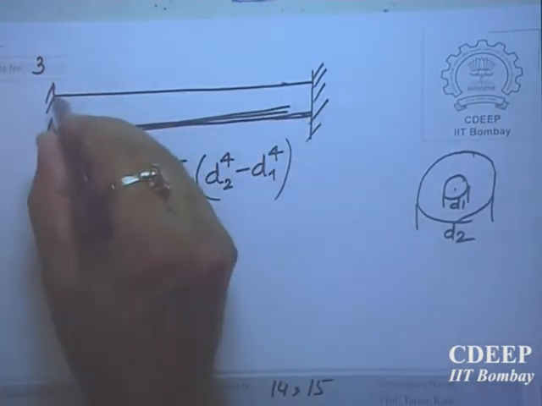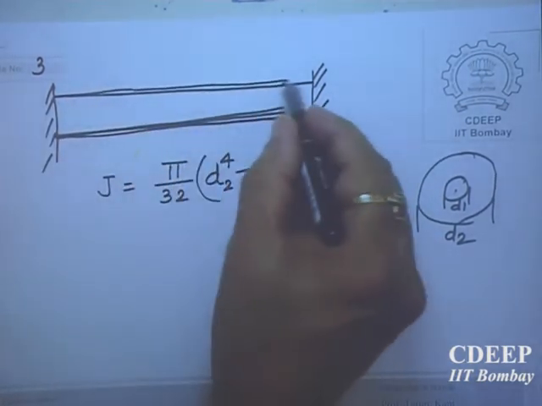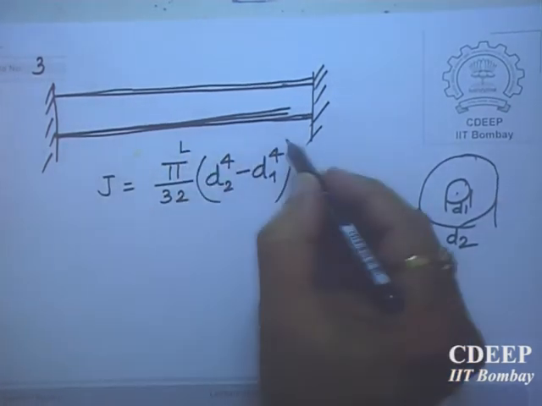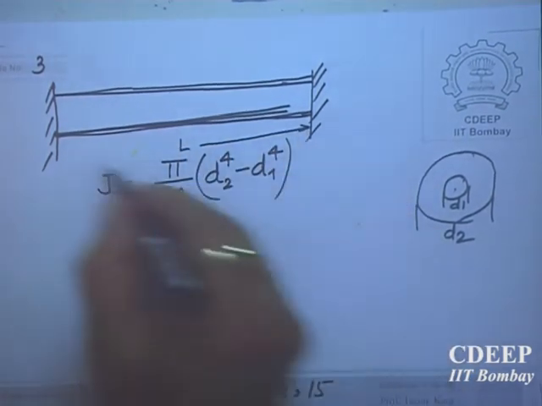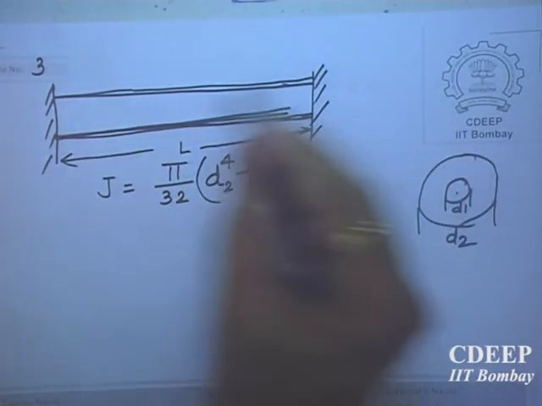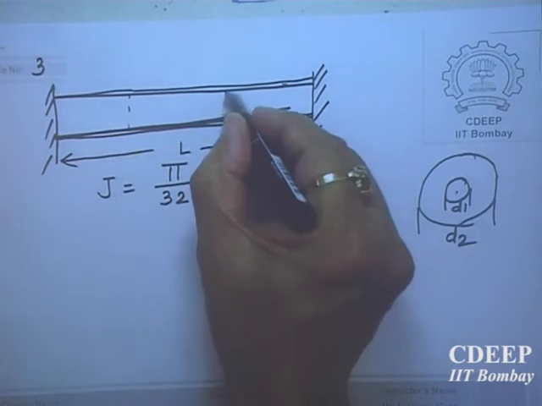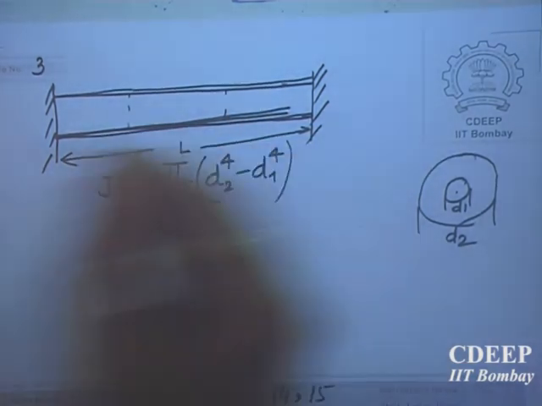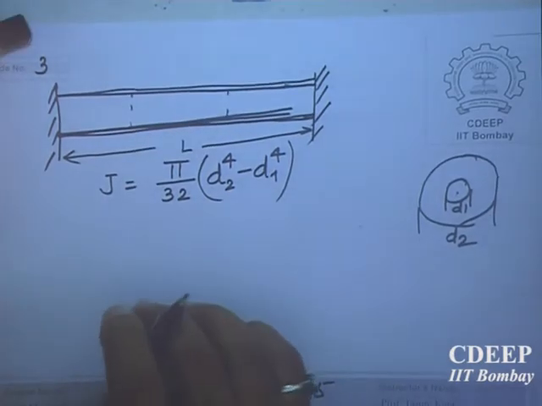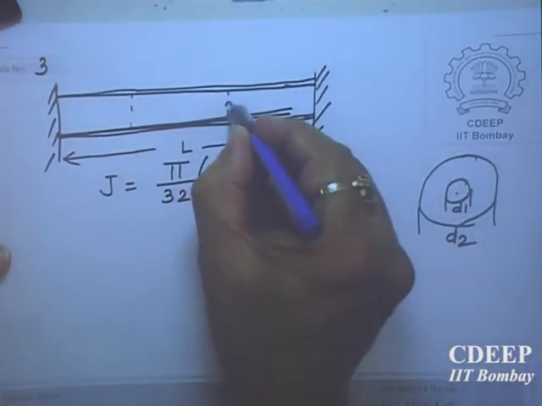Let us say this length is L, and I divide this into 3 parts, each L by 3.